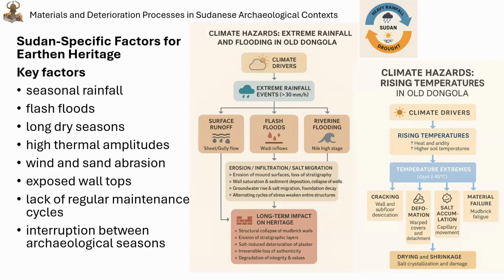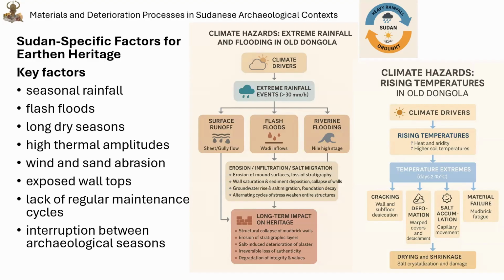In these Sudanese contexts, earthen materials are affected by seasonal and logistical factors. Seasonal rainfall may be brief but destructive, especially when water concentrates in trenches, wall bases, or poor drainage areas. Flash floods can cause rapid erosion and structural damage.